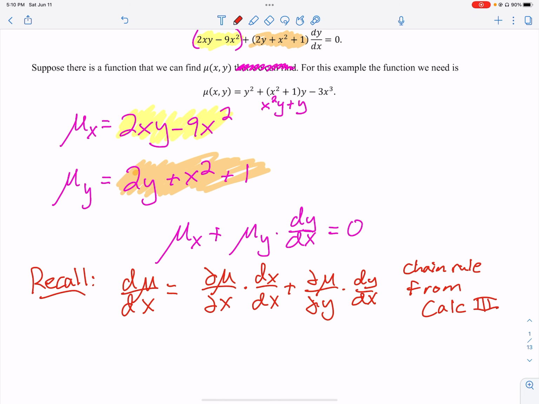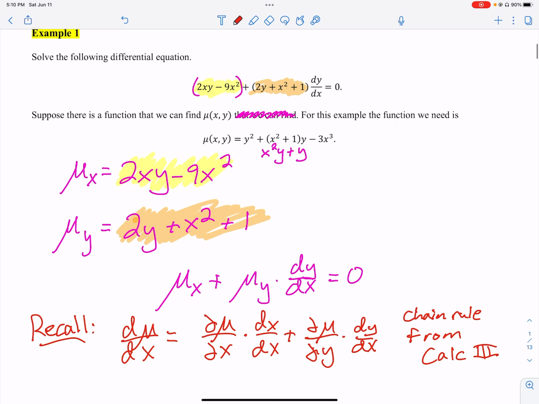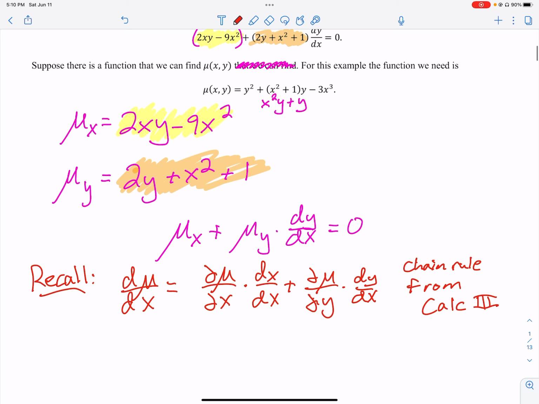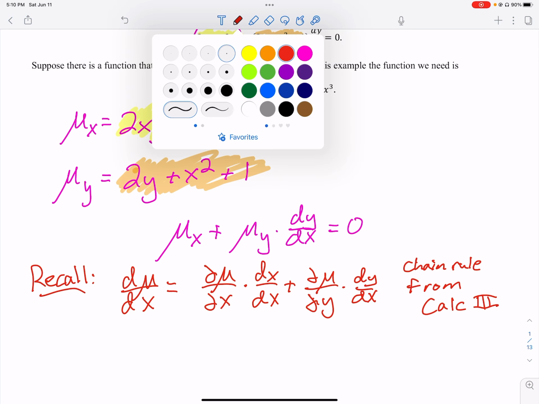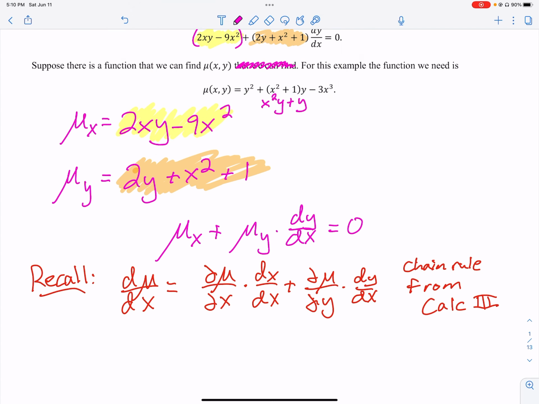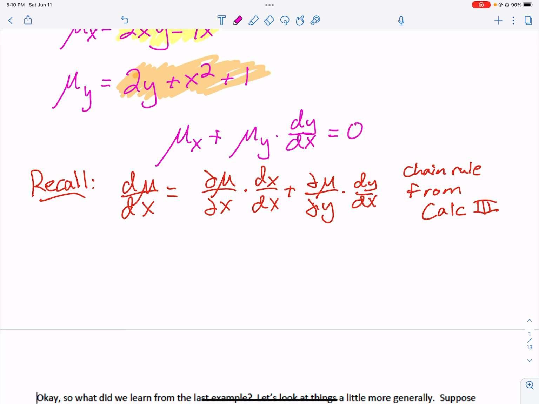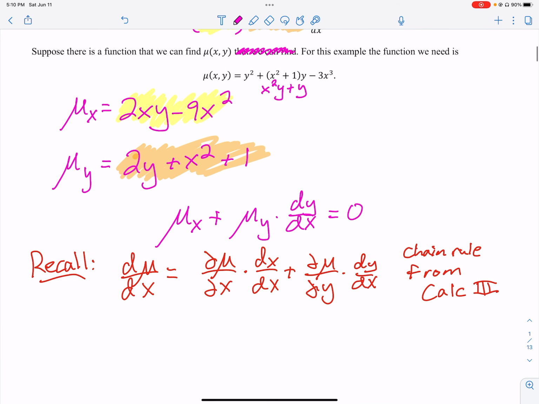You haven't had Calc 3? That is something that we go over in Calc 3. There are two ways to think about the chain rule. Those of you that had me, we did both of those last semester. So there is that chain rule. And what we're going to think about now is, look at the equation that I have above here.